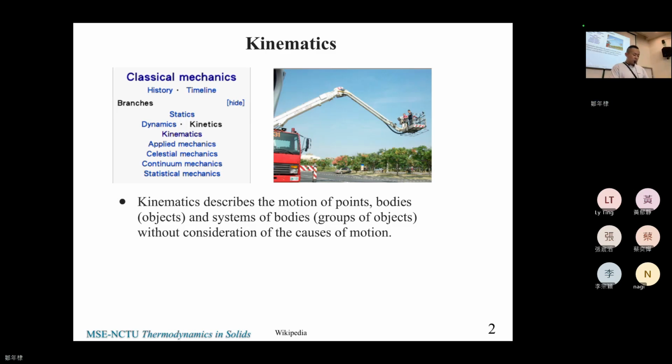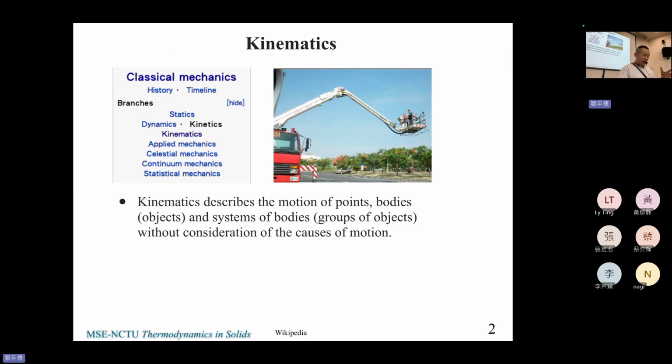Well, you see, classical mechanics has statics and dynamics, and dynamics has two subgroups, kinetics and kinematics. What does that mean? They are both translated as dynamics in Chinese. But this is a little bit different.